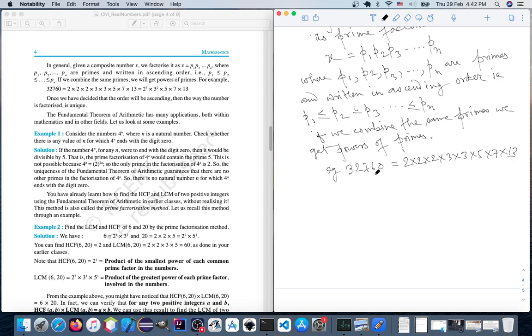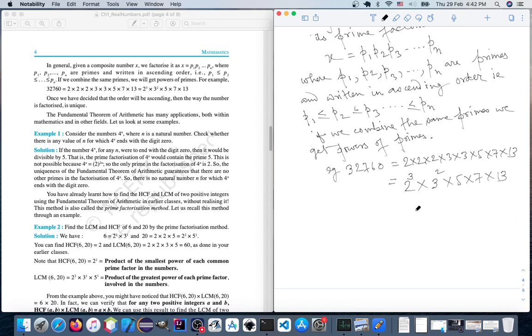Now, if we combine the same prime numbers, we get powers of primes. So if we combine the 2s, we get 2 to the power 3 because we have 3 times 2. Similarly, if we combine the 3s, we get 3 squared, and the rest remains the same. So the power of 2 here is 3 and the power of 3 is 2.